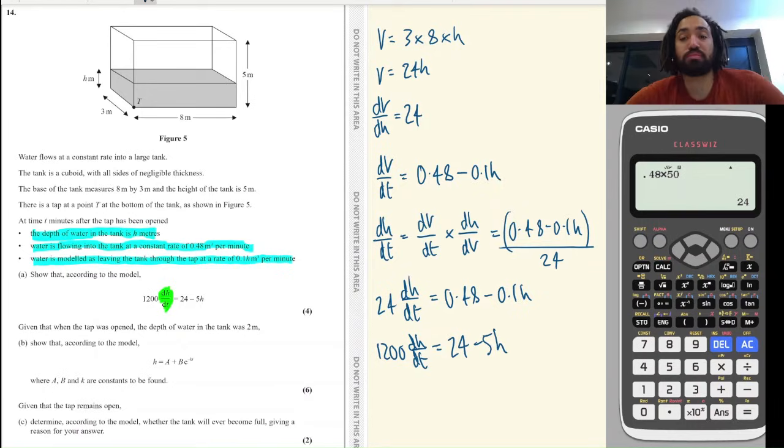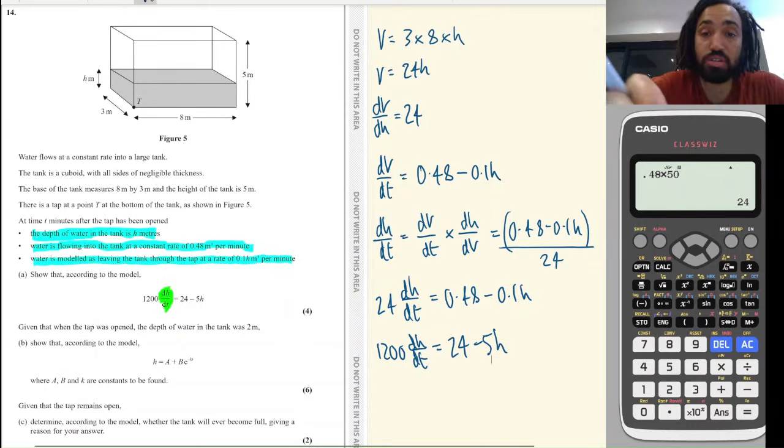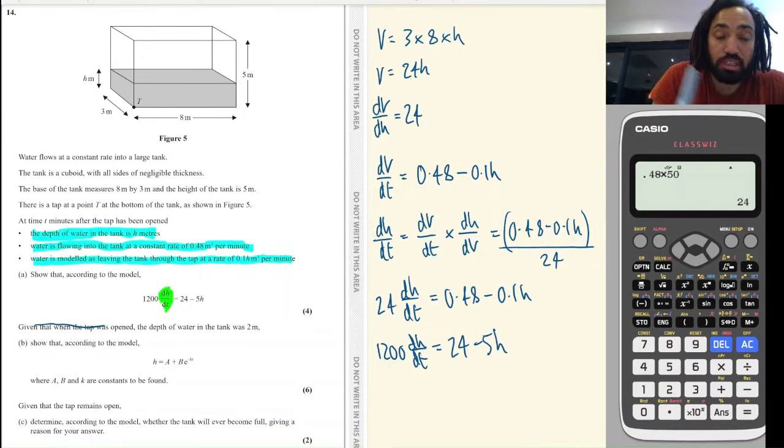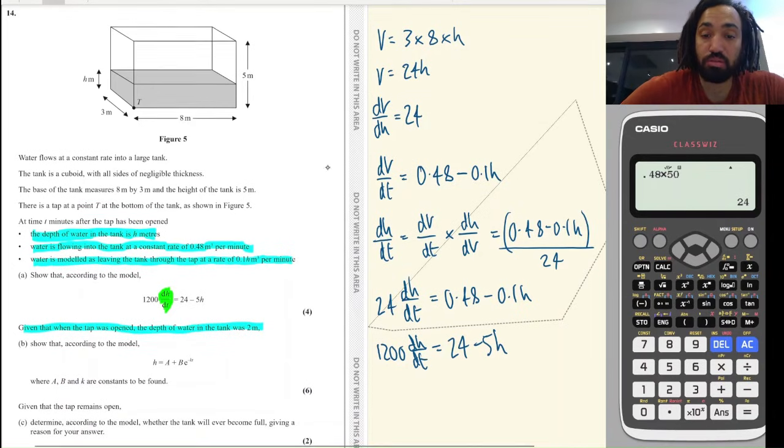That's perfect. Okay, and then it gives us an initial condition. So when the tap was opened, whoops, that's meant to be highlighting. When the tap was open, the depth of water was 2 meters. And it says show according to the model that h is equal to that. Okay, so what I'm going to do is I'm just going to get rid of this bit of working here to give myself a bit more space.